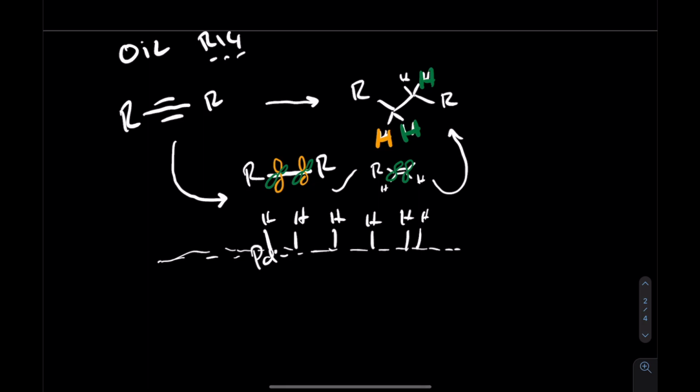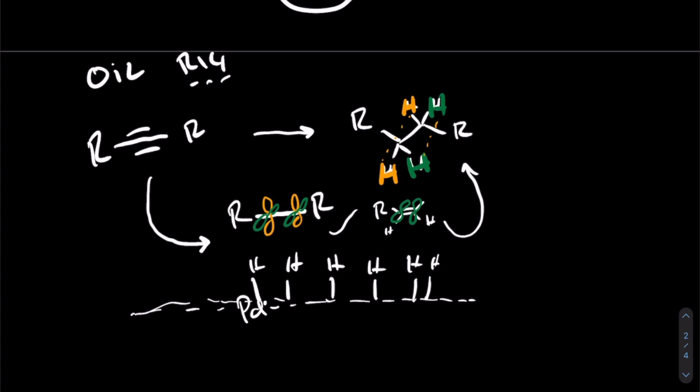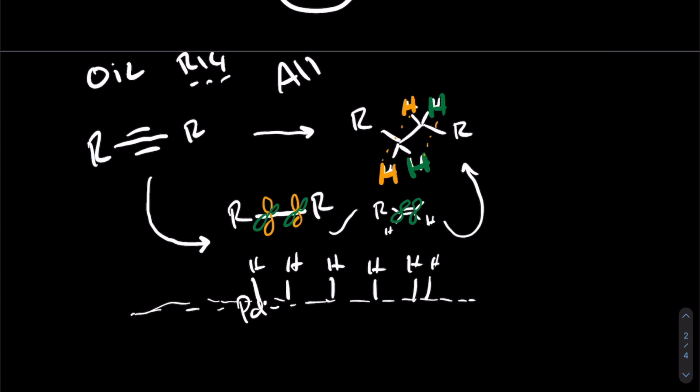Hypothetically, the orange hydrogens on the left side of the molecule would have added at the same time, and the green hydrogens would have added at the same time as well. Now, that is a great way to go down from an alkyne to an alkane reduction.